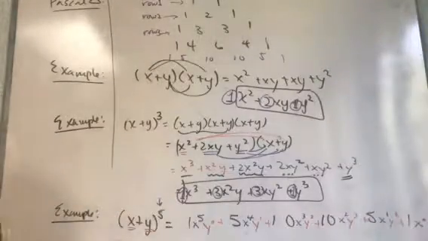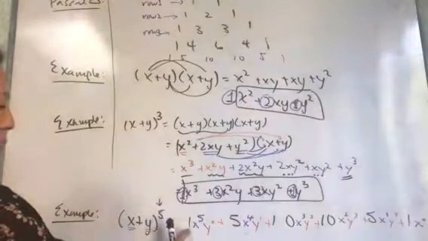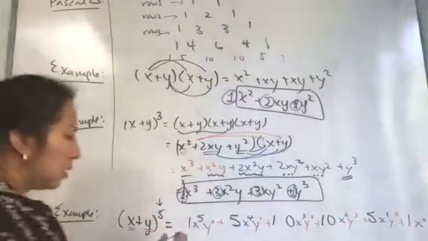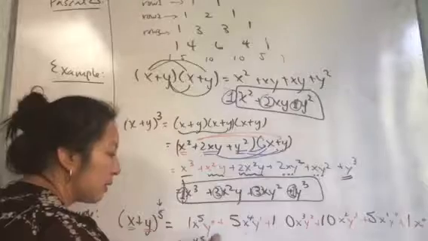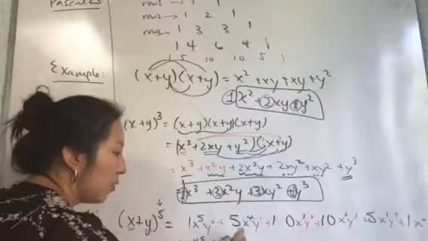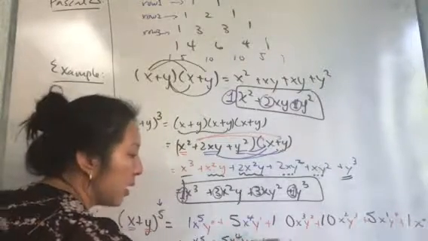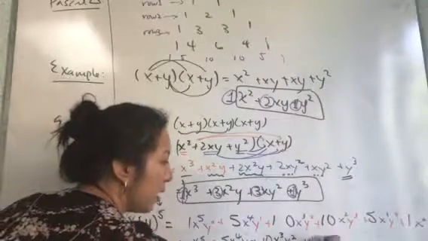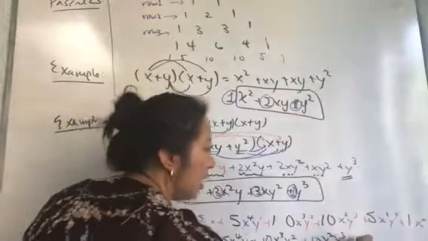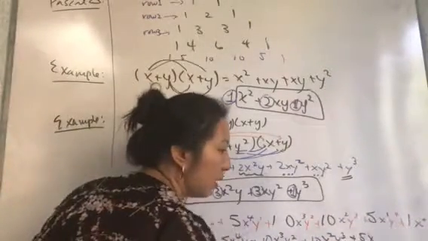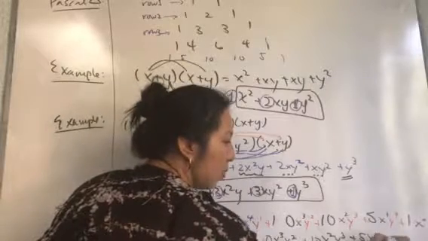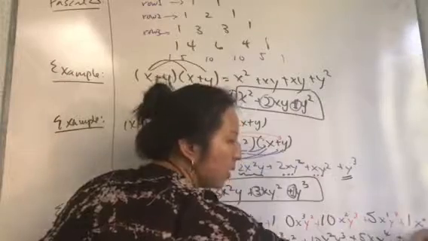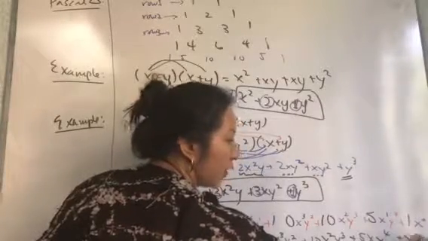If we were to clean this whole thing up, we know that 1 is 1, so we don't need to write that. x to the 5th, y to the 0 is 1, so it's going to be equal to x to the 5th plus 5x to the 4th y plus 10x to the 3rd y squared plus 10x squared y to the 3rd plus 5x, don't need to write the 1 because x to the 1 is x, y to the 4th plus 1 times x to the 0, which is 1, times y to the 5th is y to the 5th.